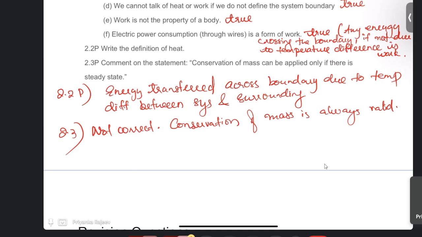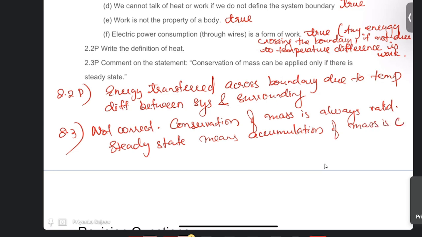Because mass can neither be created nor be destroyed, right? But in steady state, what is happening? Steady state means accumulation of mass is zero. Okay, that is the only thing about steady state. In unsteady state, maybe the mass of the system can change with time, but it doesn't mean that conservation of mass is not valid.